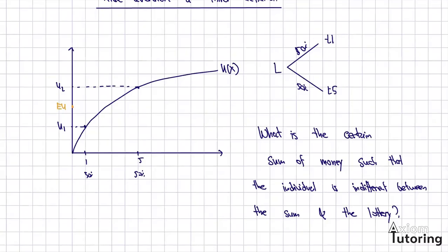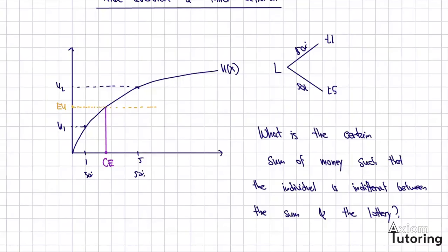And therefore, if this is the level of the expected utility from the lottery, that same level of utility can be gained if I give you this amount for sure. We're going to give this sure amount a special name. We're going to call it a certainty equivalent.